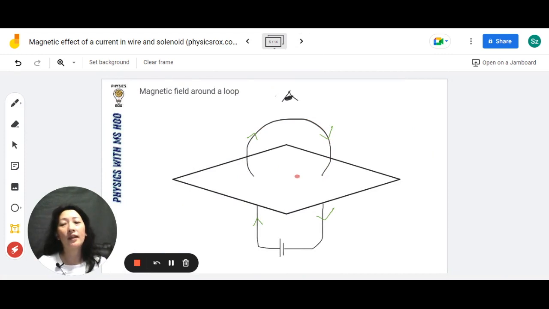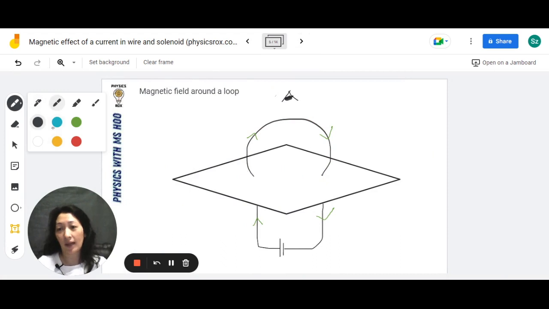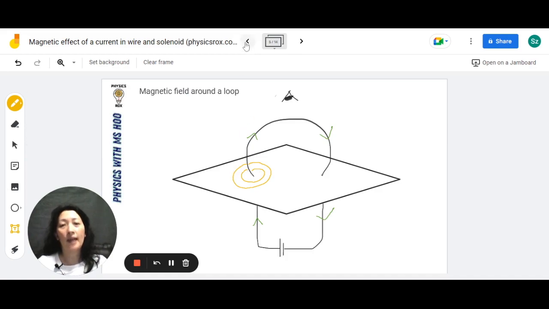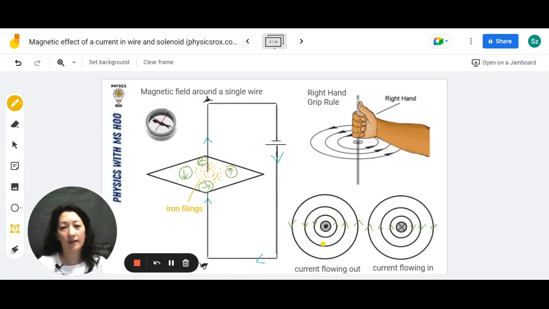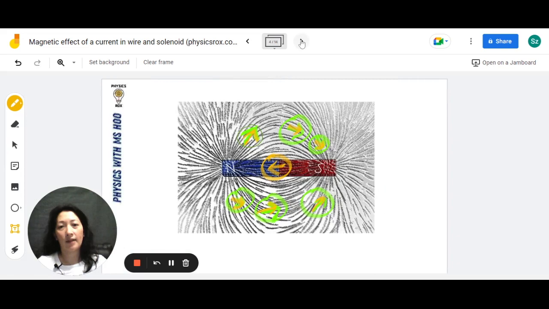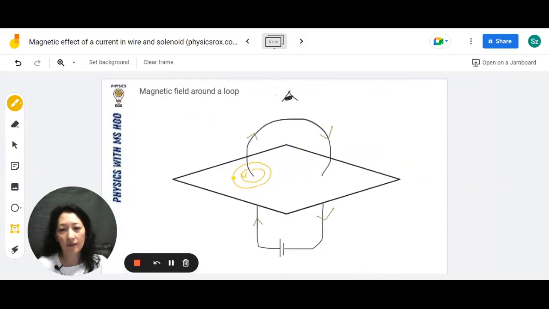So using what you now know about the right hand grip rule, I'm just going to draw the magnetic fields here. So the magnetic fields, if you recall, these would be anti-clockwise. Right? So this is going anti-clockwise or counterclockwise. So they're going this way. Whereas this wire, the current that's flowing away from your eye line, that means into the paper, will be going clockwise.